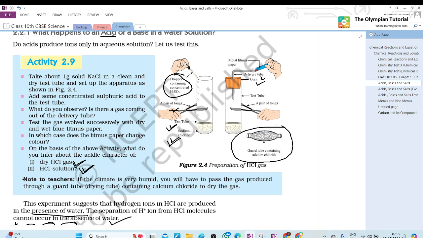Have you ever seen, when we purchase something from the market, a little packet inside the bottle? It is of calcium chloride because it absorbs the moisture, so that we can get dry hydrogen chloride gas.